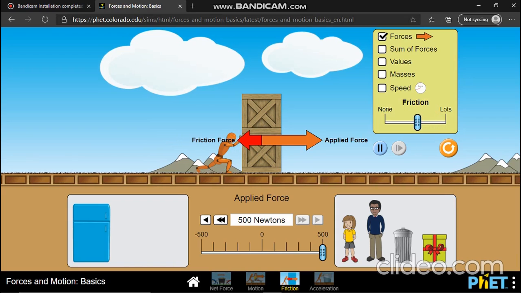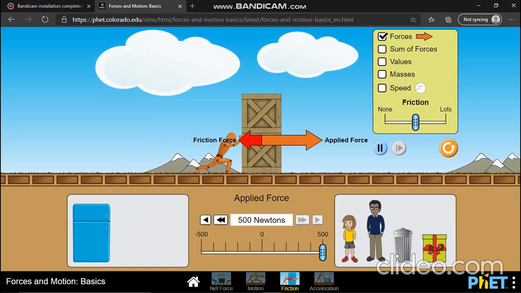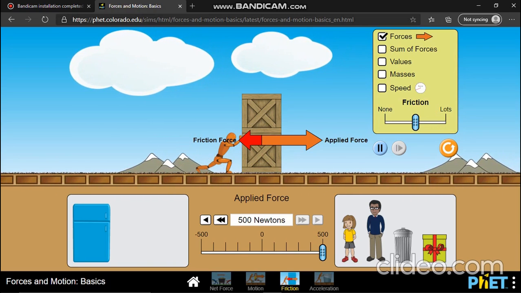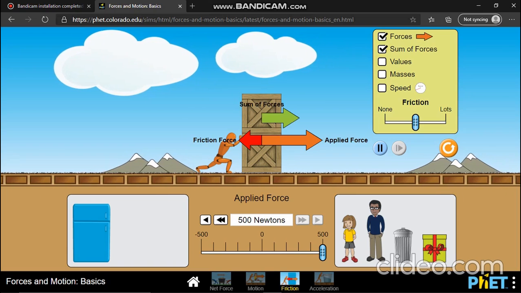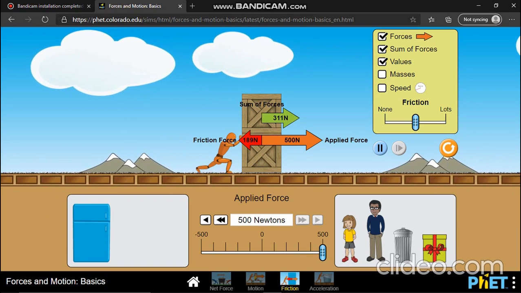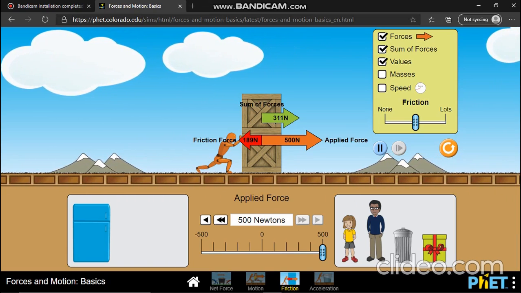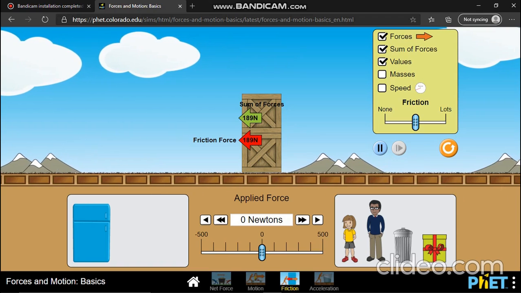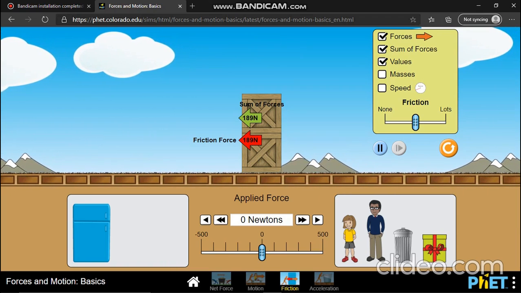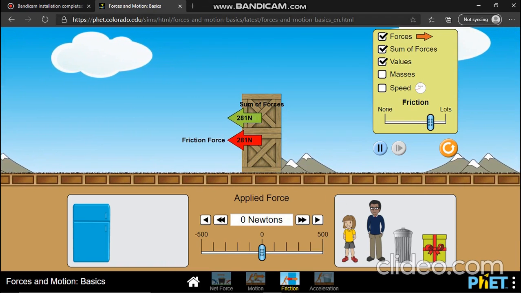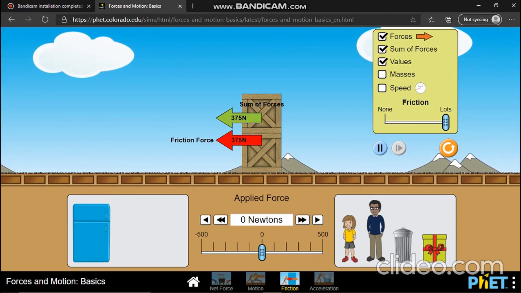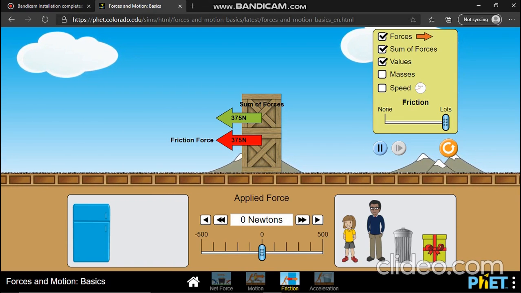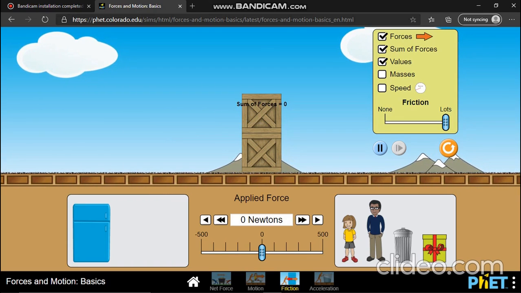If we reduce the friction of the surface, as we can see, the robot starts to move, and we put in the value. We can see the robot starts to push the box, and after that releases the box. When we put in a lot of friction again, the box immediately stops moving.